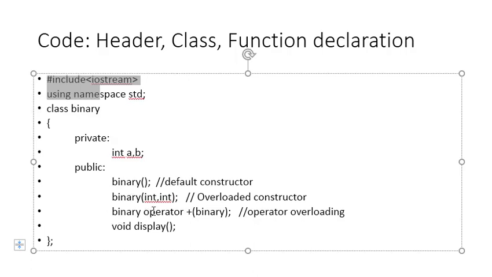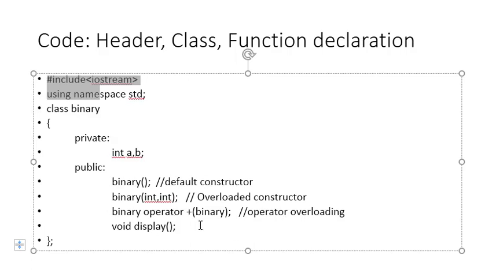The third function we will use for operator overloading. We write here the name of the class and then operator. When I write this code in the compiler, the operator word will be highlighted, and the positive sign, as we are adding two numbers here, and Binary is used as a parameter in this function.